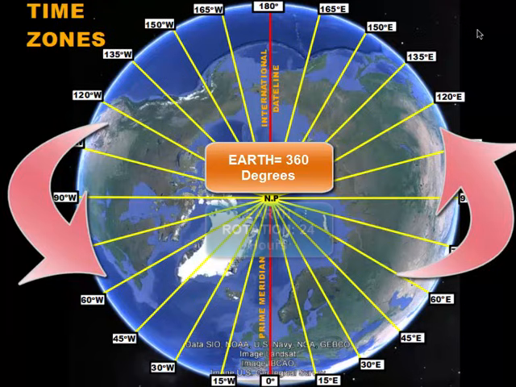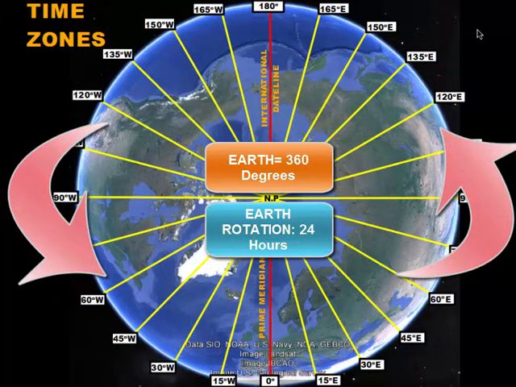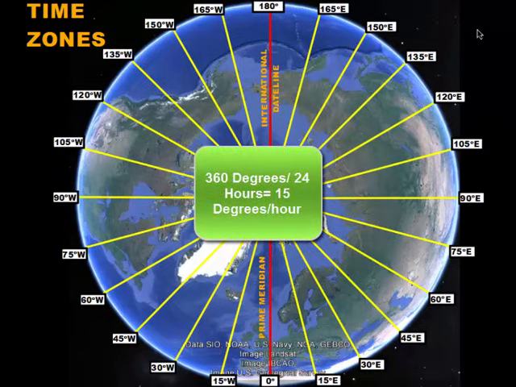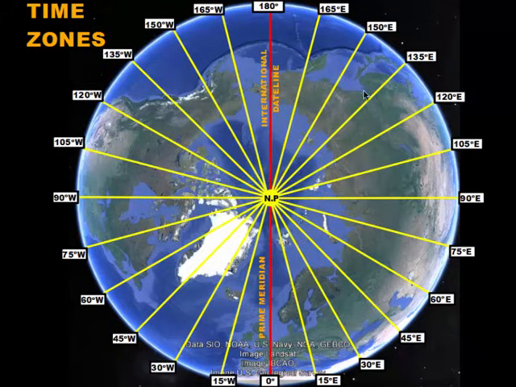That takes about 24 hours. So they took the angular measurement 360 degrees, divided it by 24 hours, and calculated that the Earth rotates 15 degrees an hour. So each hour is worth 15 degrees of longitude. So this is worth 1 hour of time, this is worth 1 hour of time, and every single wedge on this picture is worth 1 hour of time.